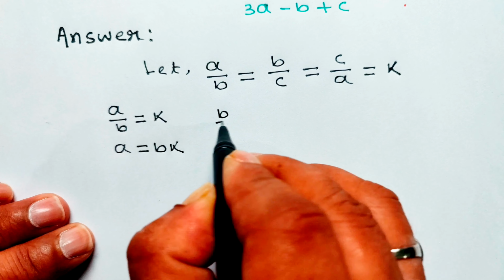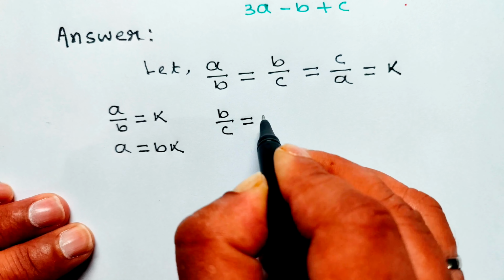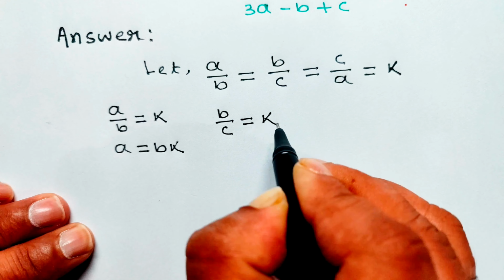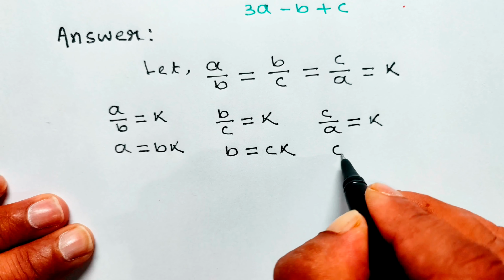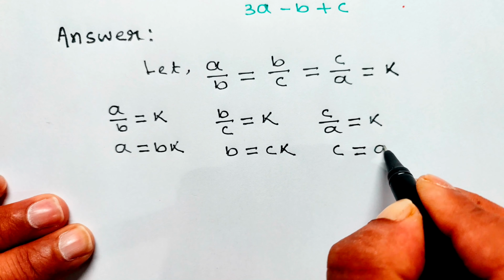B divided by C equal K, then B equal CK. C divided by A equal K, then C equal AK.